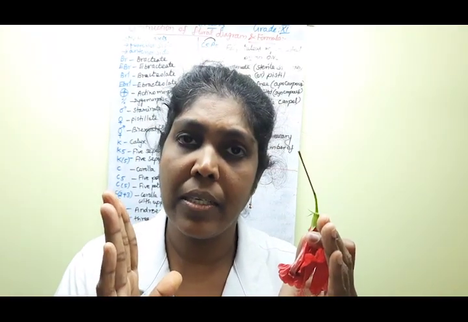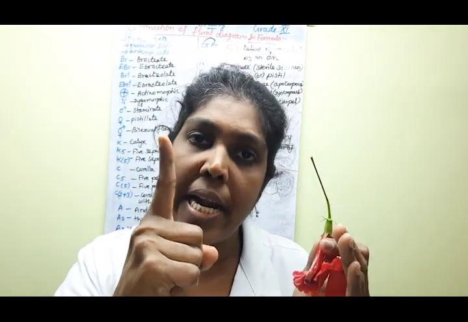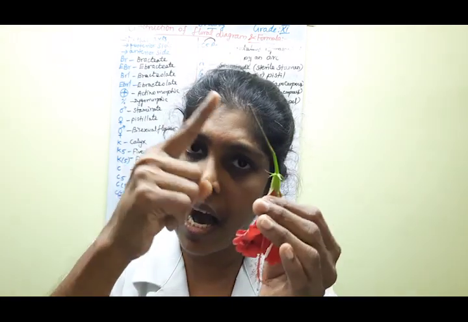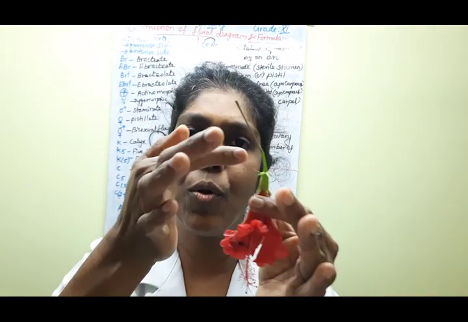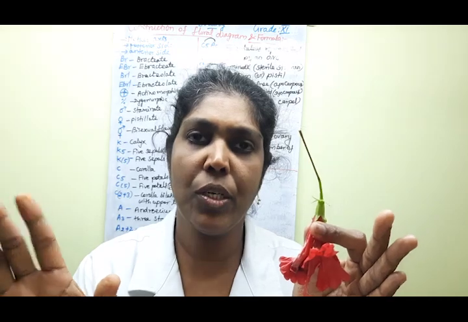Zygomorphic means only in one direction will we get two equal halves. If we change the direction, we never get two equal parts of the flower. Understood? That is known as zygomorphic.